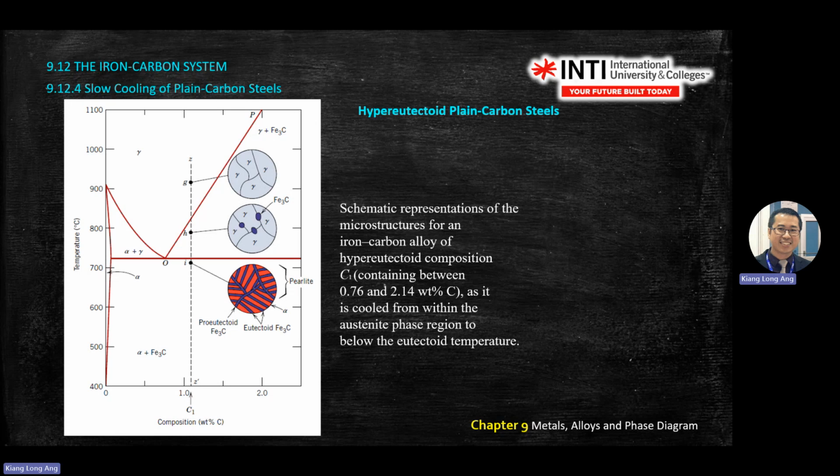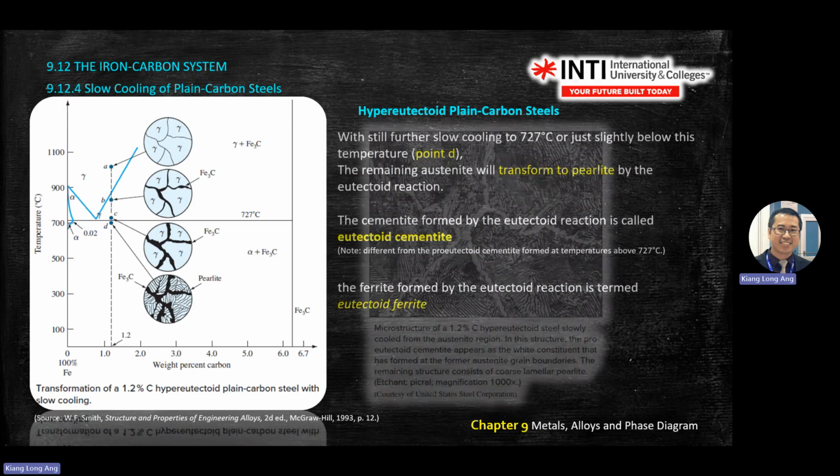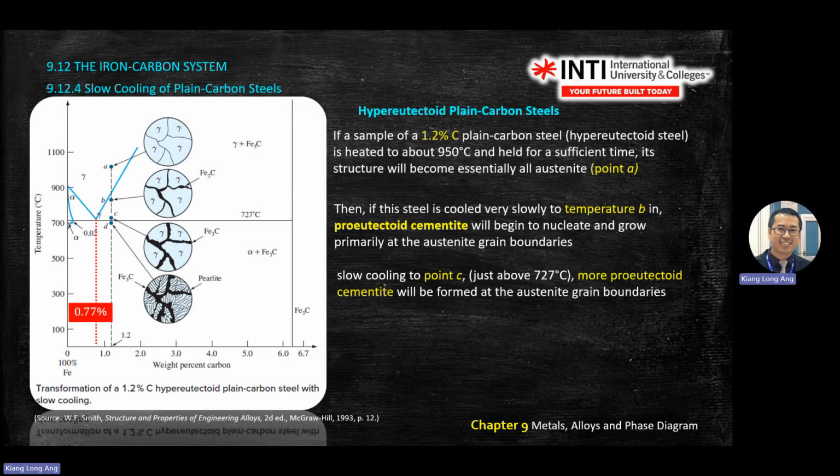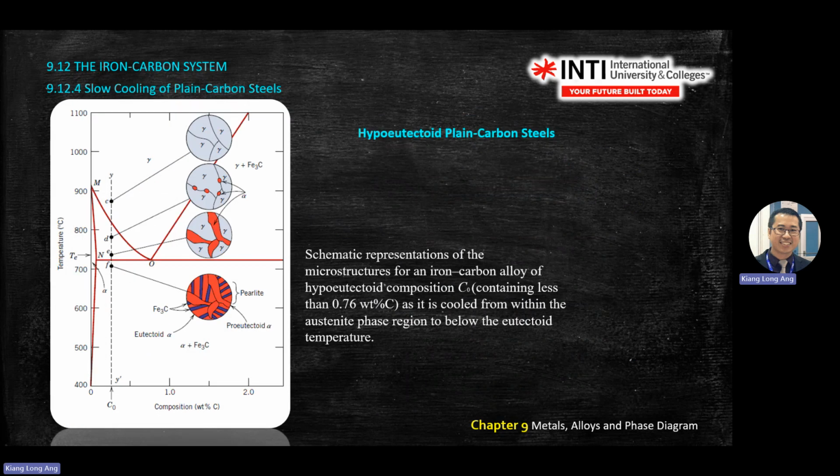But here you want to see gamma and Fe3C, but here you will see alpha. Like this one, you will see this one hyper, one hypo. This one you need to label alpha, because here got alpha.